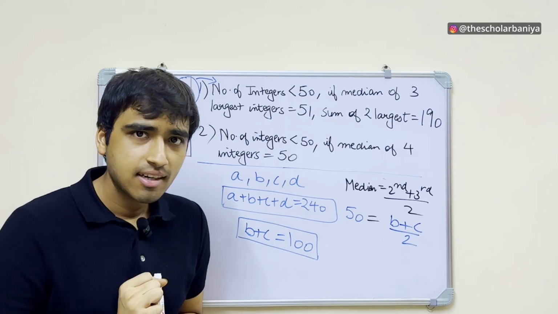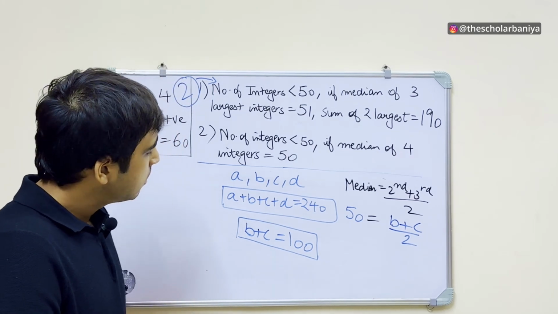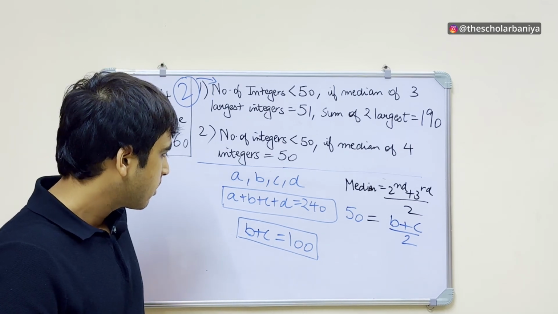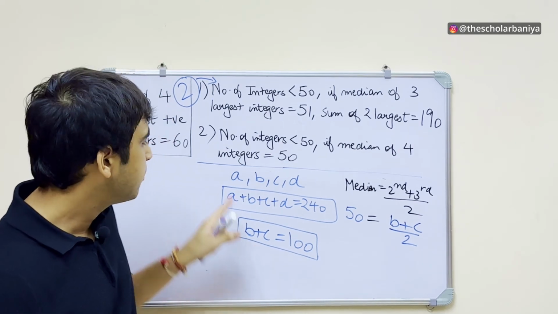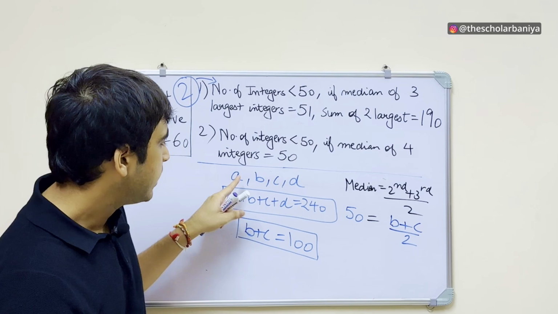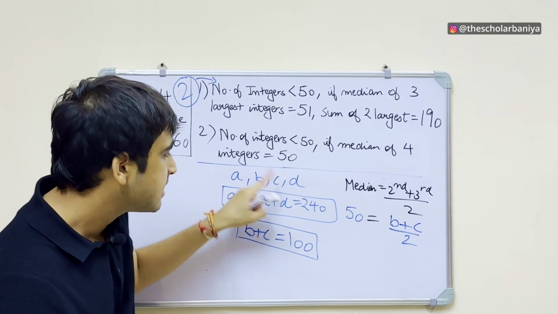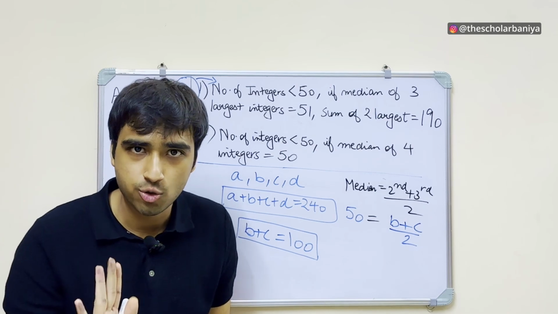Now tell me one thing again. Obviously B is less than C, because this is in ascending order. A is the smallest, then B, then C, then D is the largest. So B is less than C, that is one thing for sure.